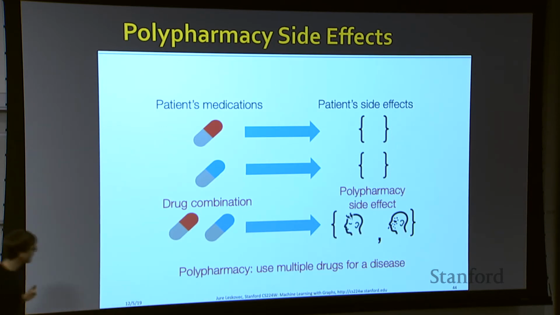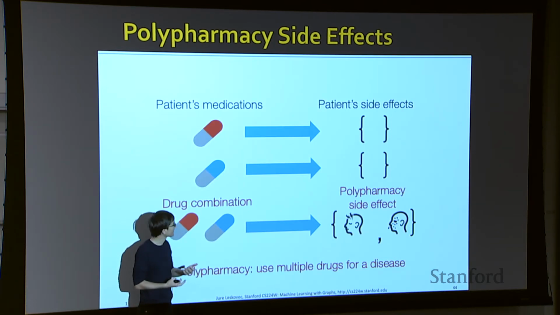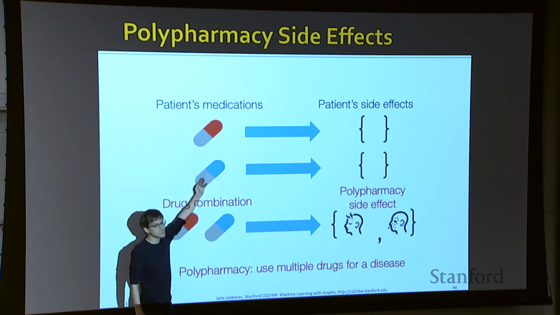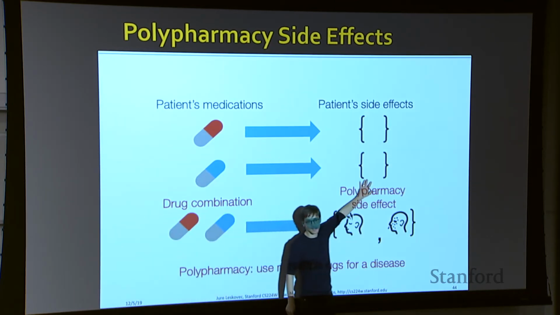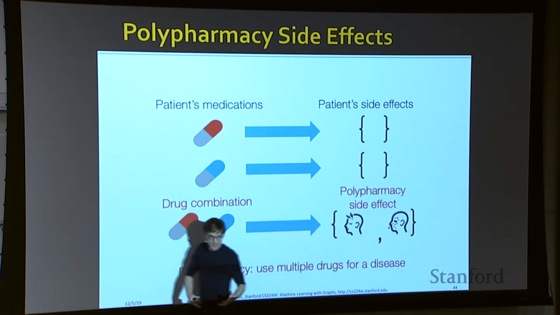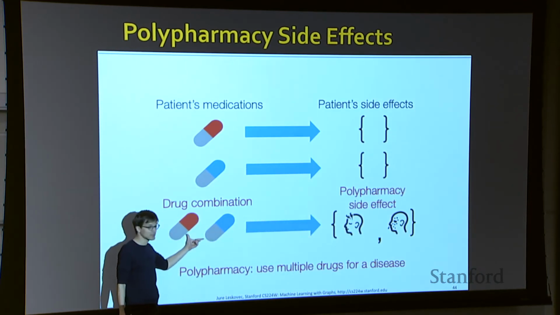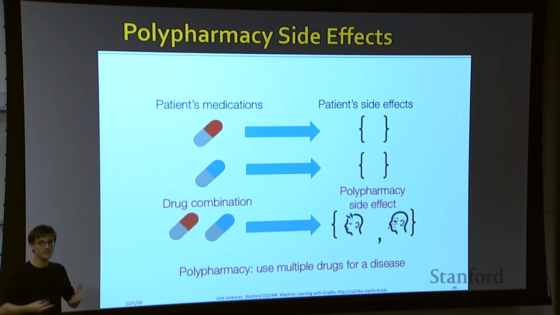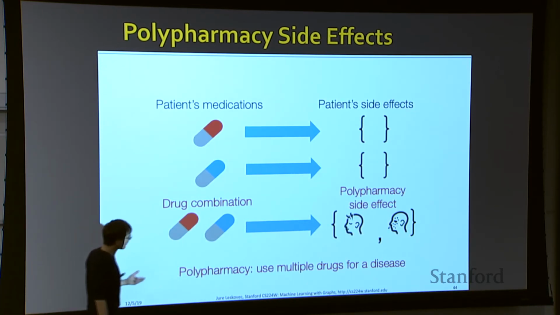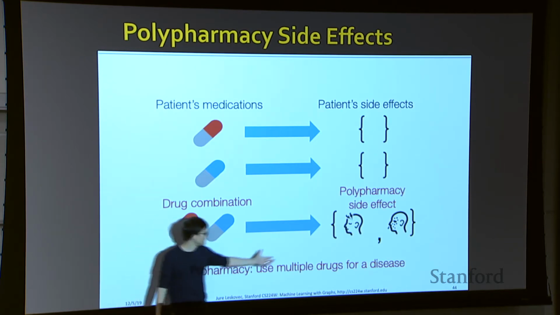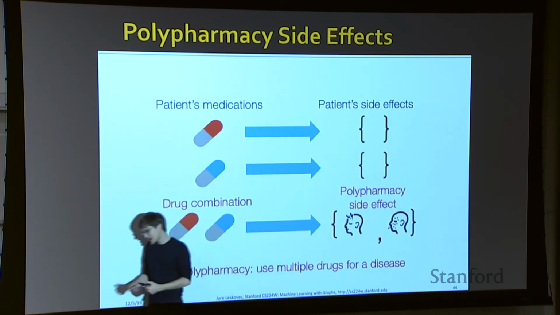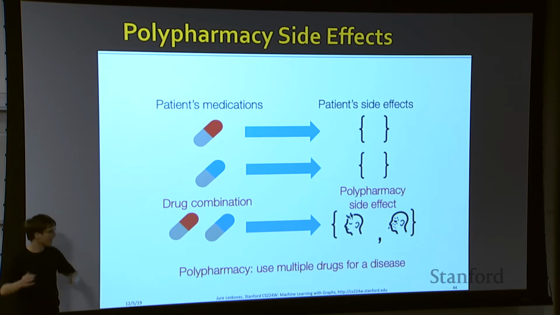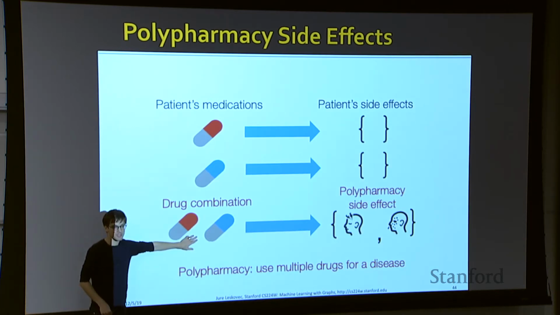And of course the problem is when you do drug trials this way, you take people, you put them on one drug, and you see what happens. There are just too many drugs to do a drug trial and say, let's try a pair, let's take a triple and see what happens. So the only way today we learn about these side effects is that doctors keep prescribing whatever they prescribe.